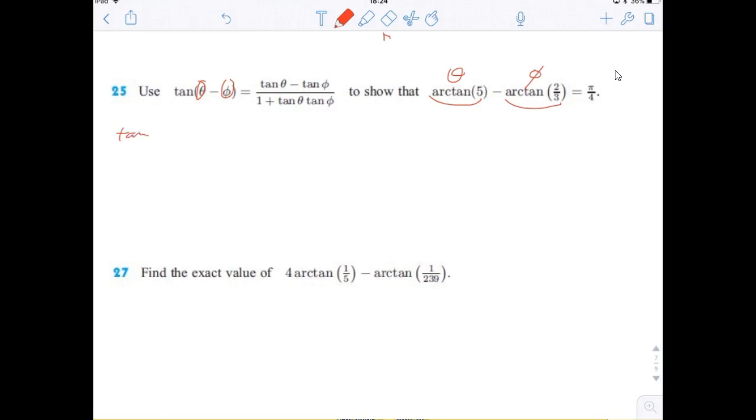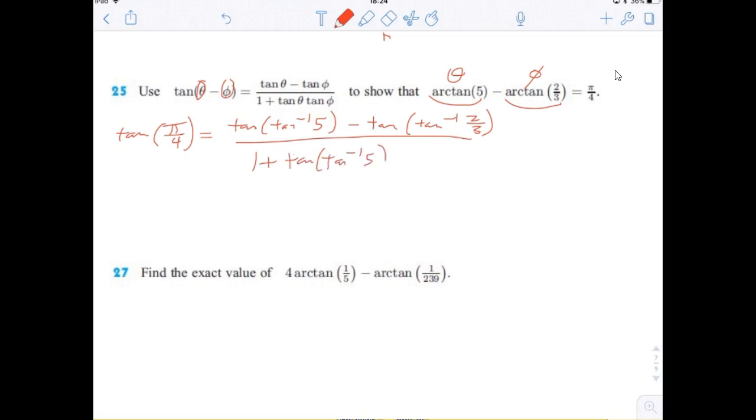Let's say tangent of theta minus phi, which in this case is pi over 4, is equal to the tangent of the arctangent of 5, because that's theta, minus the tangent of the arctangent of 2/3, because that's phi, divided by 1 plus the tangent of the inverse tangent of 5 times the tangent of the inverse tangent of 2/3.